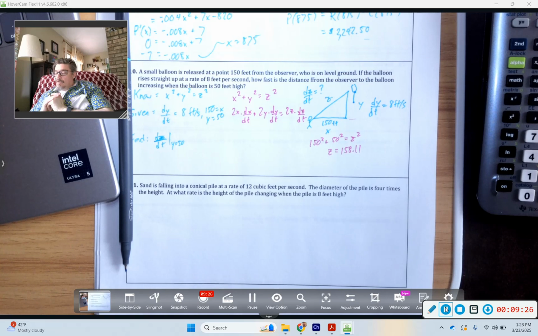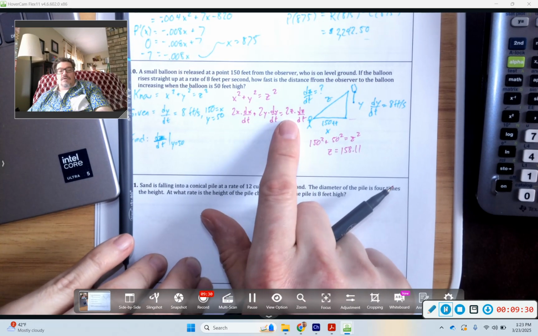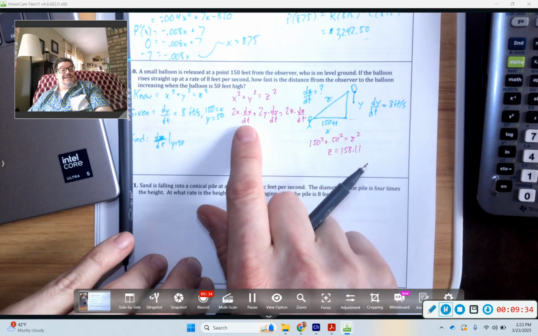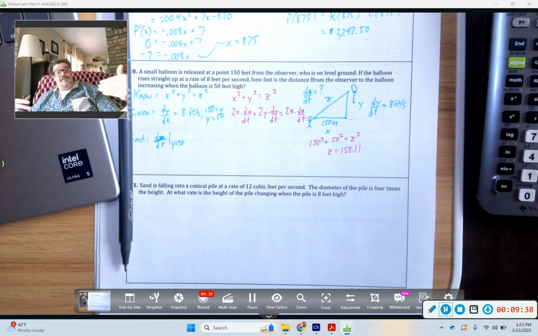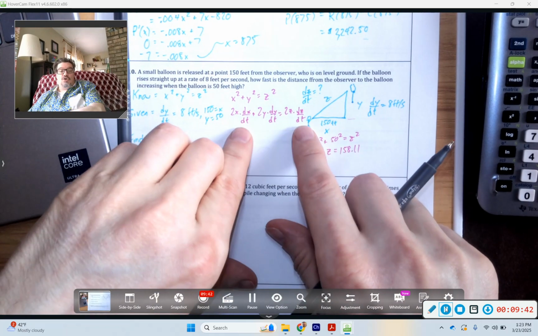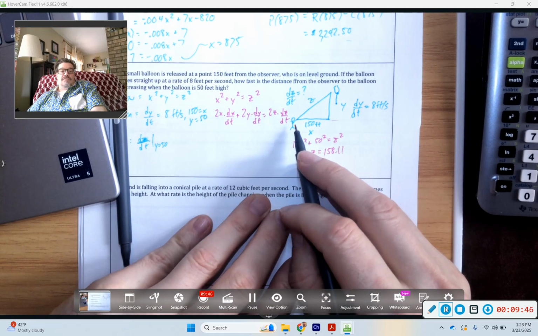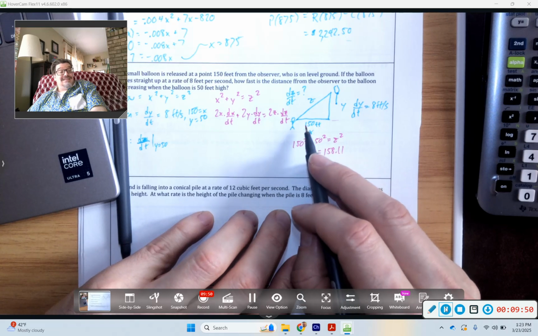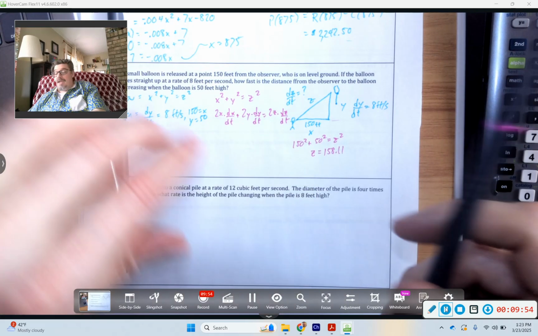We've got an x, a y, a dy/dt, and a z, and we don't have dz/dt, but we do need dx/dt in order for this to work, because we've got to have everything known except one, and then we can solve for it. But in this case we have two. You probably noticed that as long as the observer is not walking away, dx/dt is actually 0. He is not changing at all.